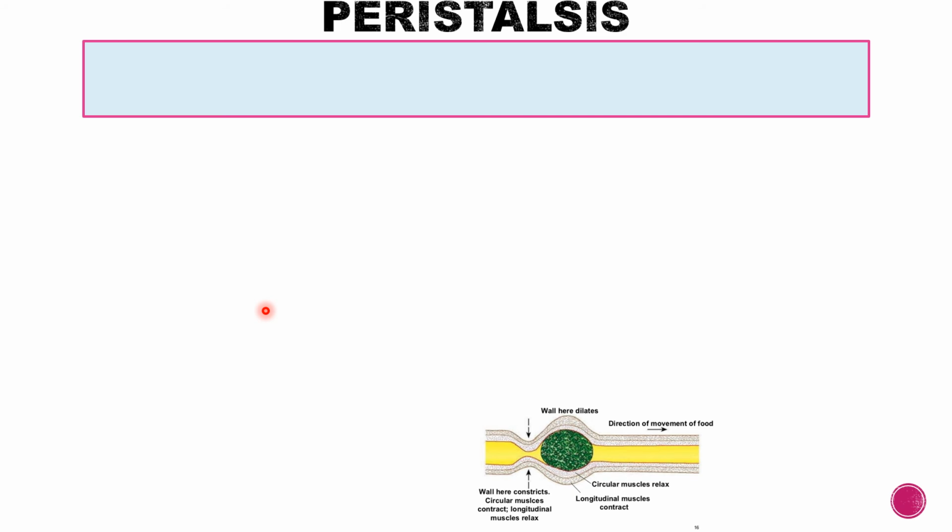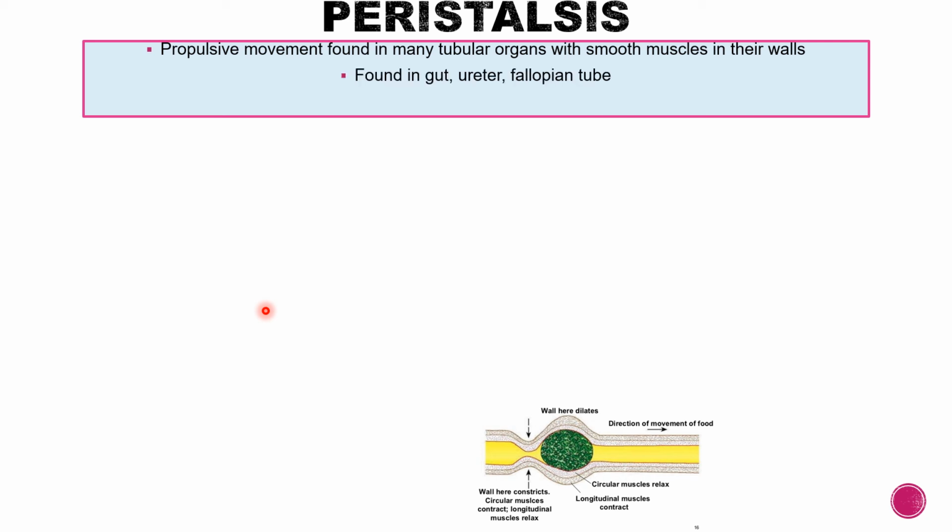Before going on to digestive peristalsis, we need to know a little bit about peristalsis. What is peristalsis? Peristalsis is basically a propulsive movement found in many tubular organs with smooth muscles in their wall. What are some tubular or hollow organs with smooth muscles in their walls? They are the gut, ureter, fallopian tube. We get peristalsis in all these structures.